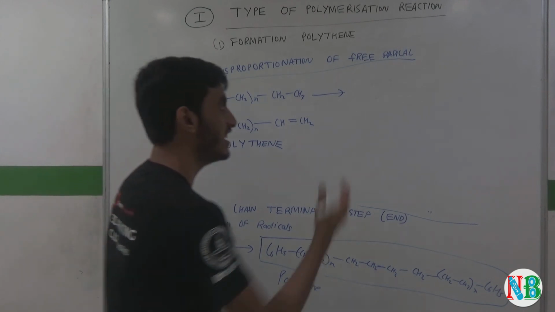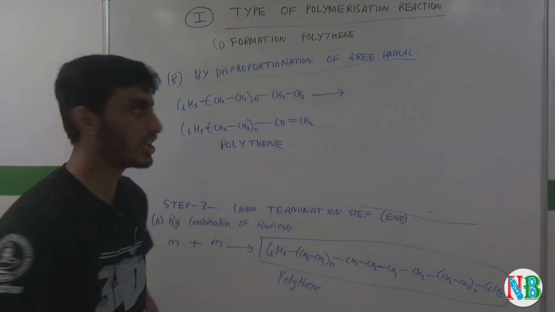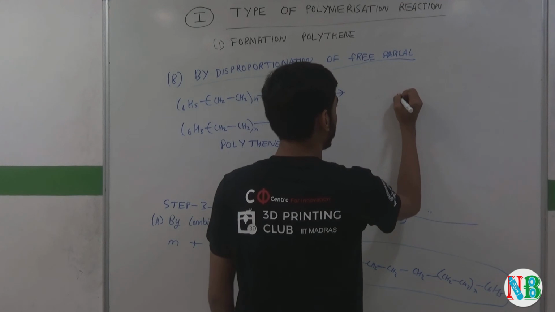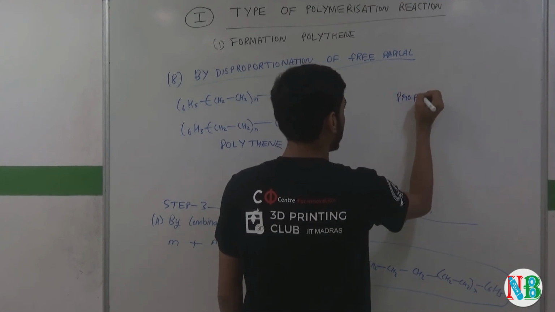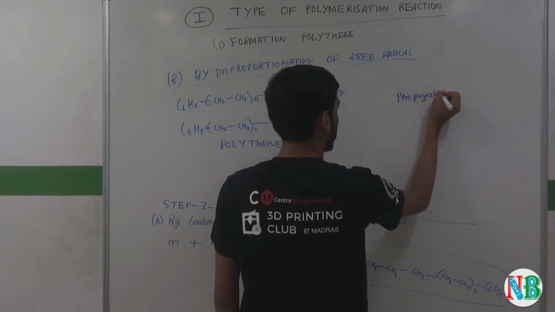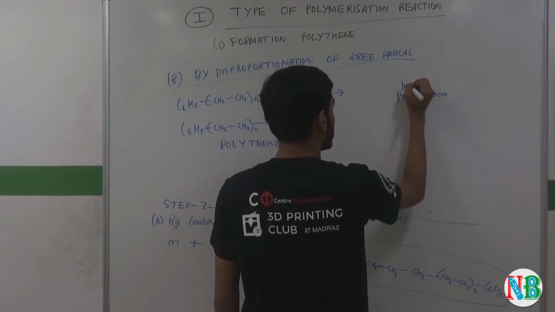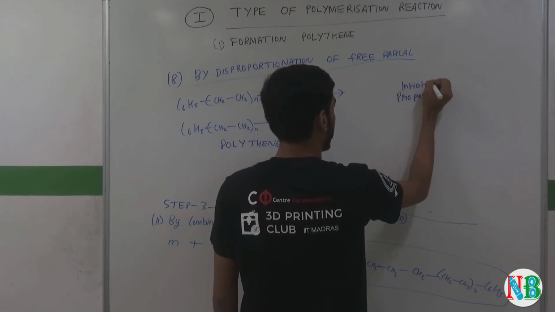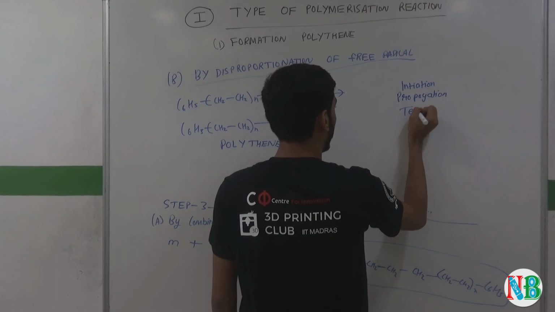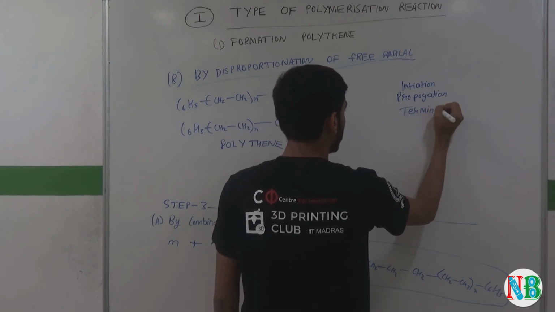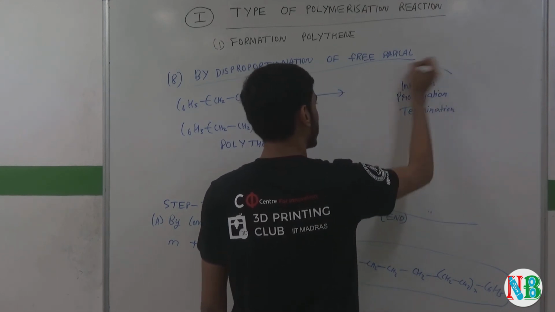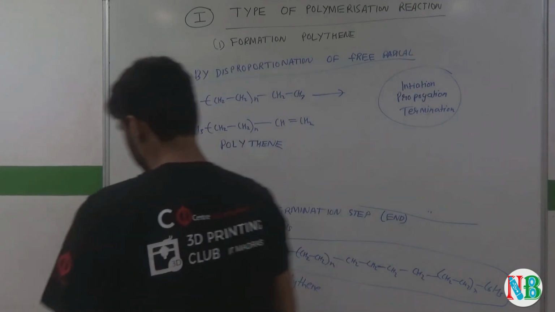So it is chain initiation reaction, chain propagation, and the third one is the end or the termination reaction. Okay.